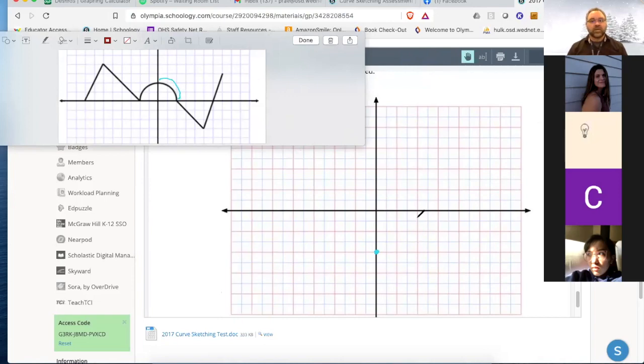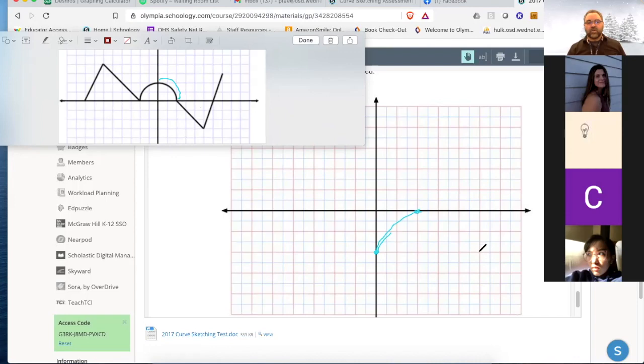And then we're going to switch to decreasing, but we're going to stay concave down. So it's got to curve down, but it's increasing, and then it stays curving down until we go, let's see, at 5, 2, 3, 4, 5.